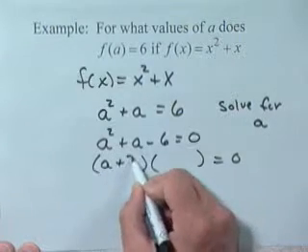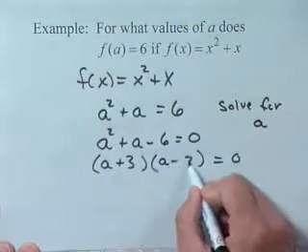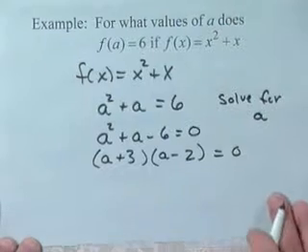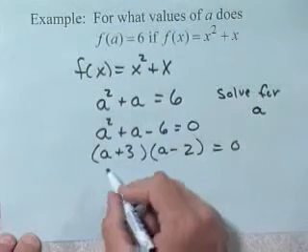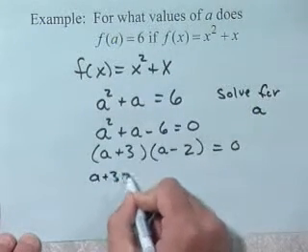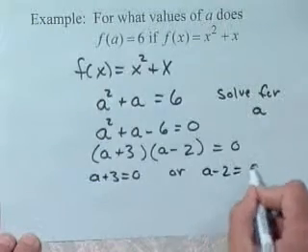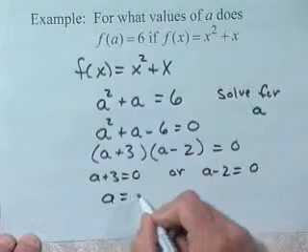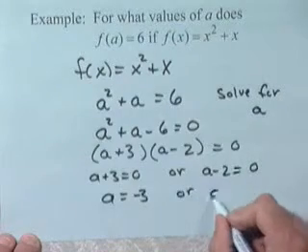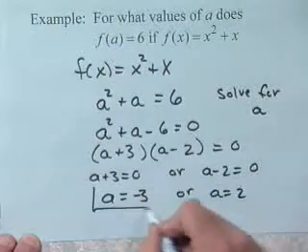How about a plus 3, a minus 2 is equal to 0. Therefore, either a plus 3 equals 0 or a minus 2 equals 0. So a is equal to minus 3 or a is equal to 2.